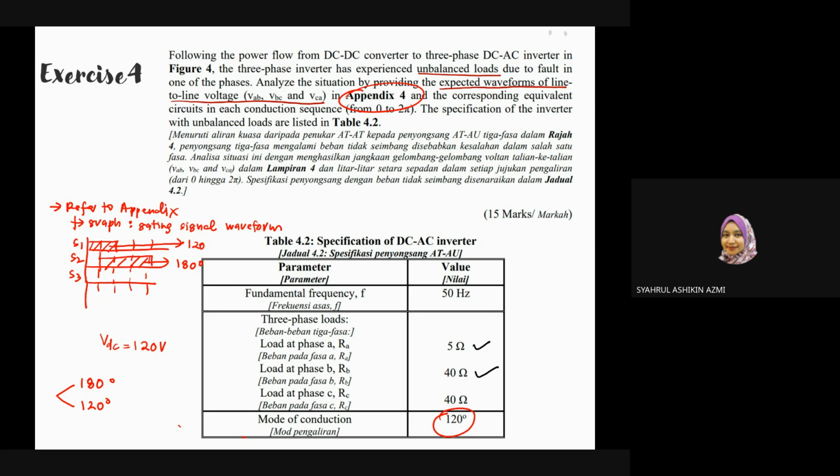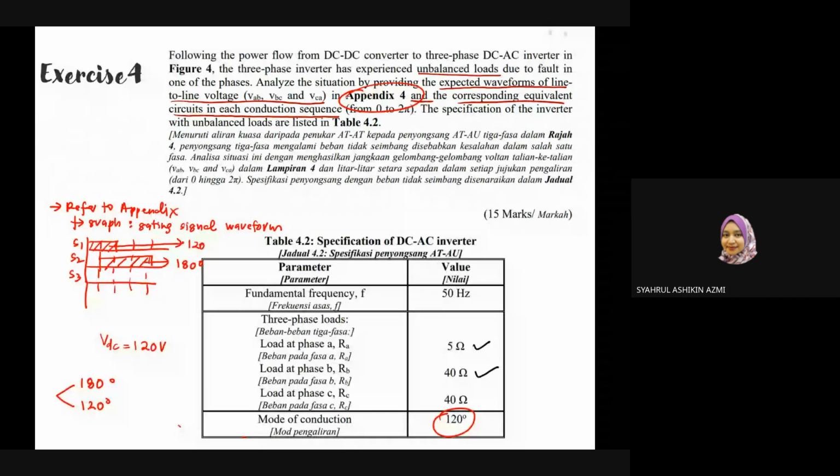Okay, and then you need to sketch the waveform, and continue. Okay, you need to provide the corresponding equivalent circuit in each conduction sequence. All right.